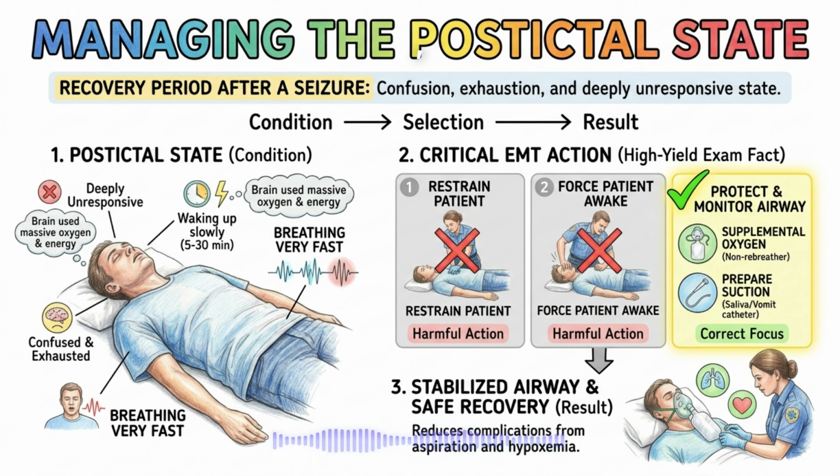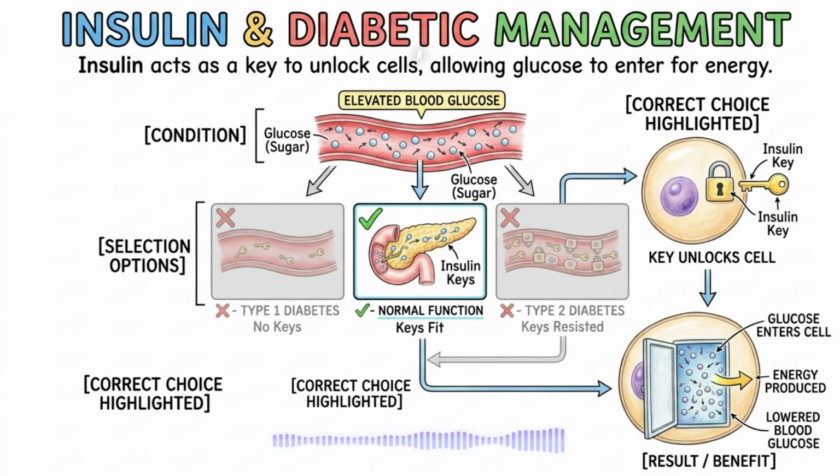The brain has just used a massive amount of oxygen and energy, so the patient will likely be breathing very fast to catch up. A major exam tip is to carefully monitor and protect the airway during the postictal state, providing supplemental oxygen and preparing to suction any saliva or vomit.